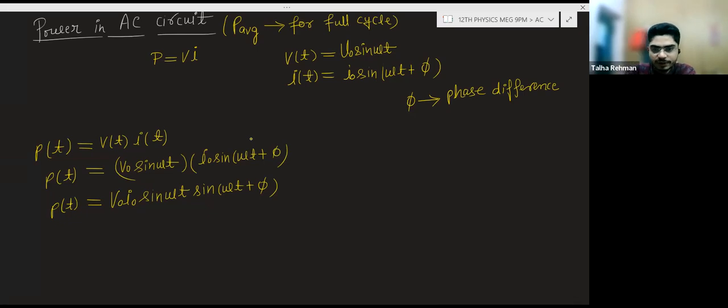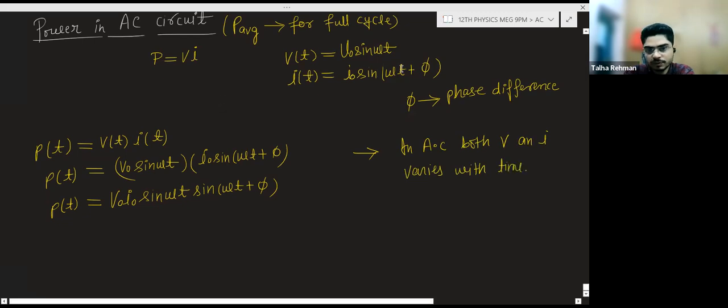There is one more point that I want to write. In AC, both voltage and current vary with time. You can see from this equation, voltage is changing with time, current is also changing.